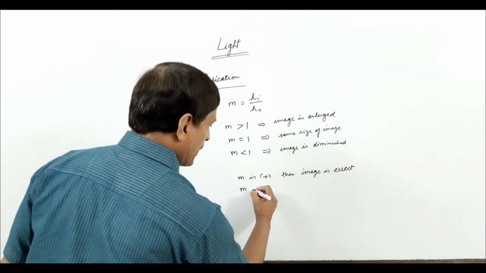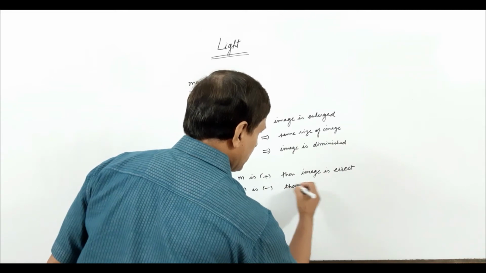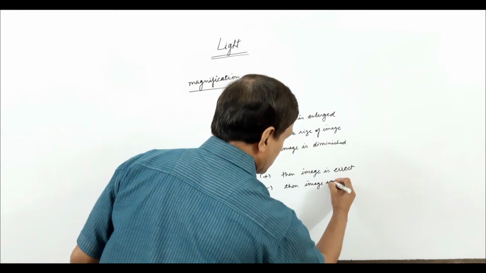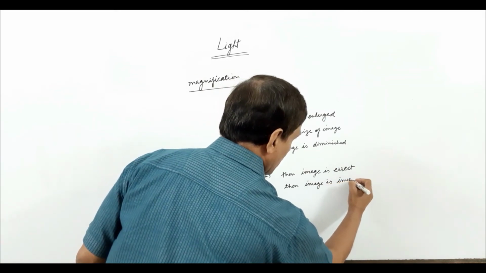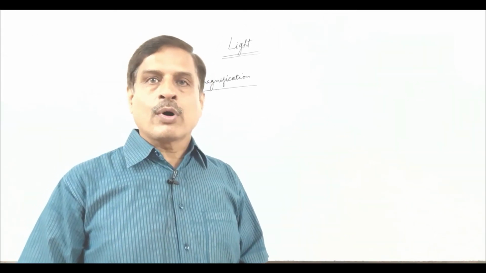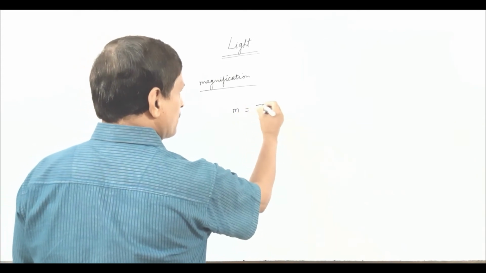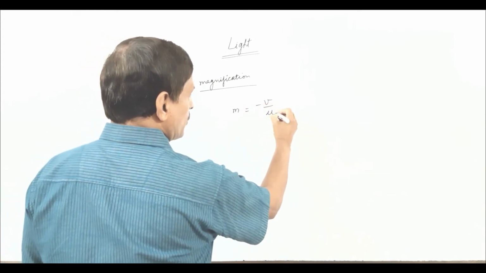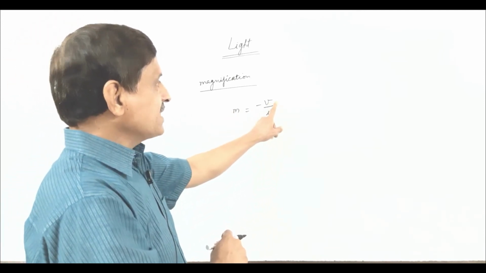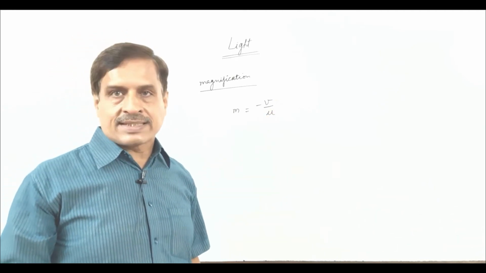But if magnification is negative, then image is inverted. There is another formula for magnification, and that is m is equal to minus v upon u, where m is magnification, v is image distance and u is object distance.